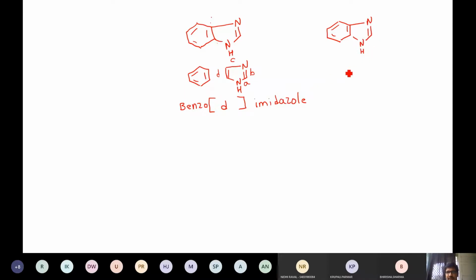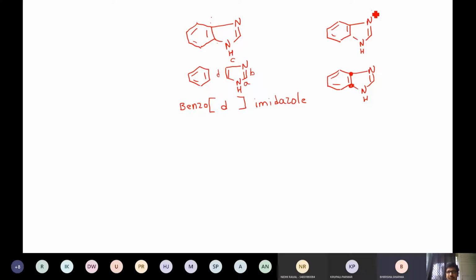Now there are two possibilities of starting the numbering, don't you think? What we said, you are going to look at this tertiary carbon and start numbering after this tertiary carbon. So there are two possibilities here. Let's draw both.